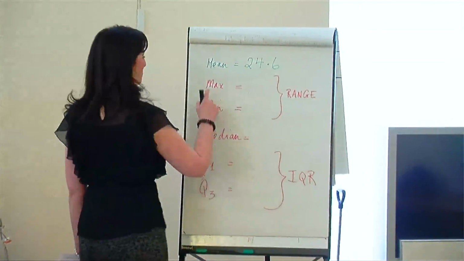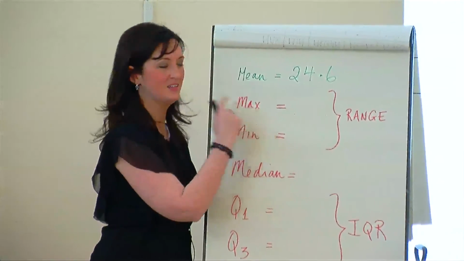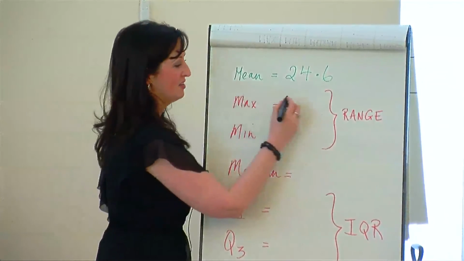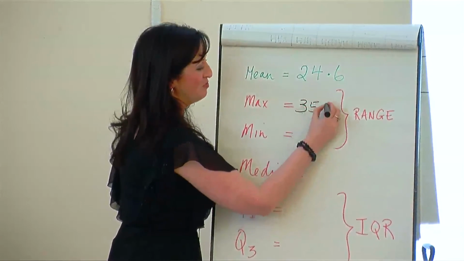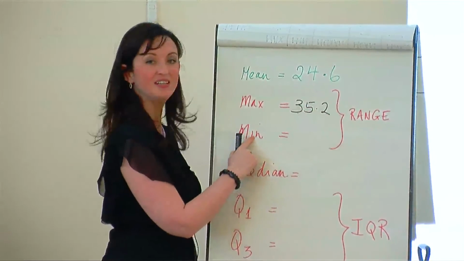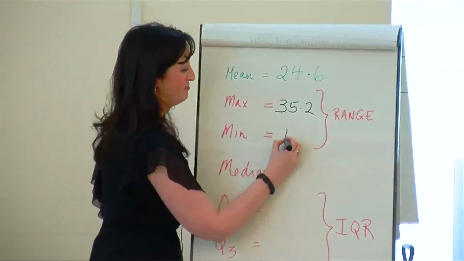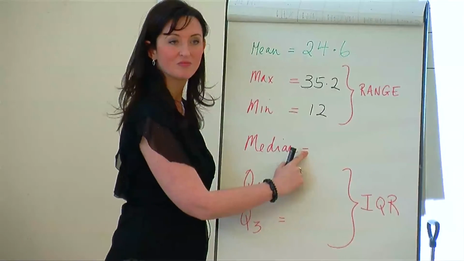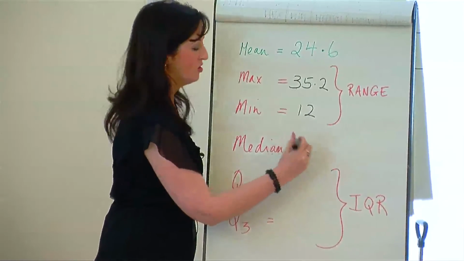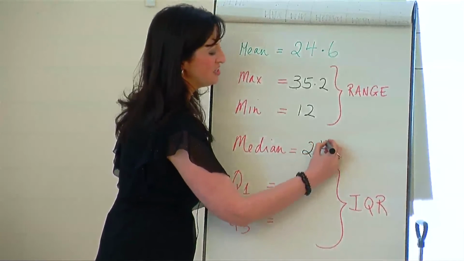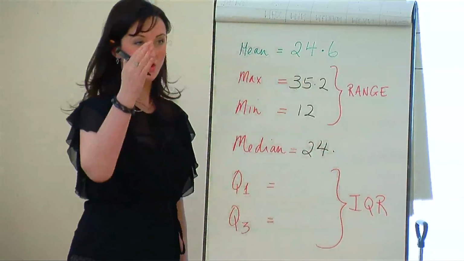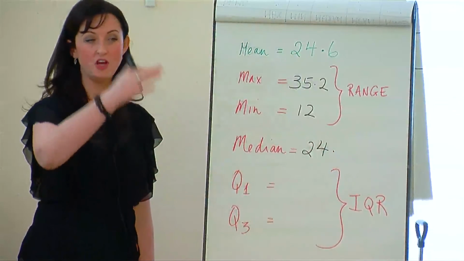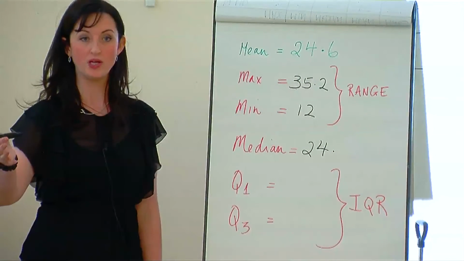So, what was the max then? 35.2, perfect. What was the min? 12. What was the median? 24.5. Yes, exactly. As the 100th was 24.5, the 101st was 24.9.